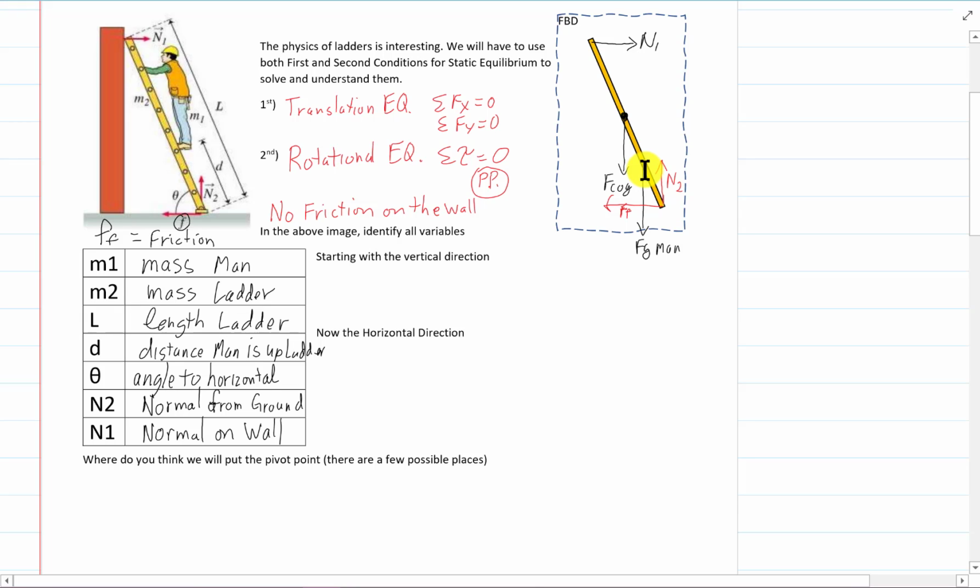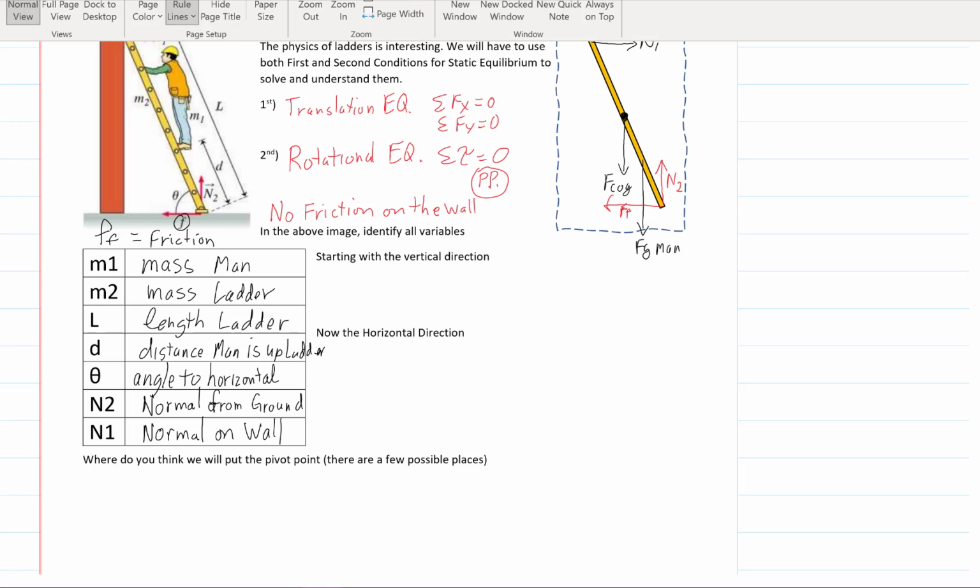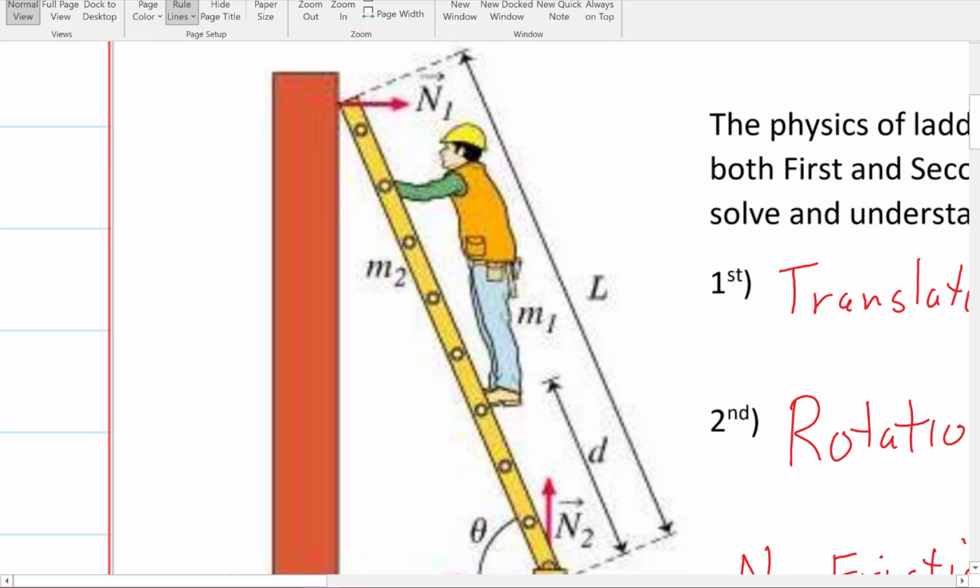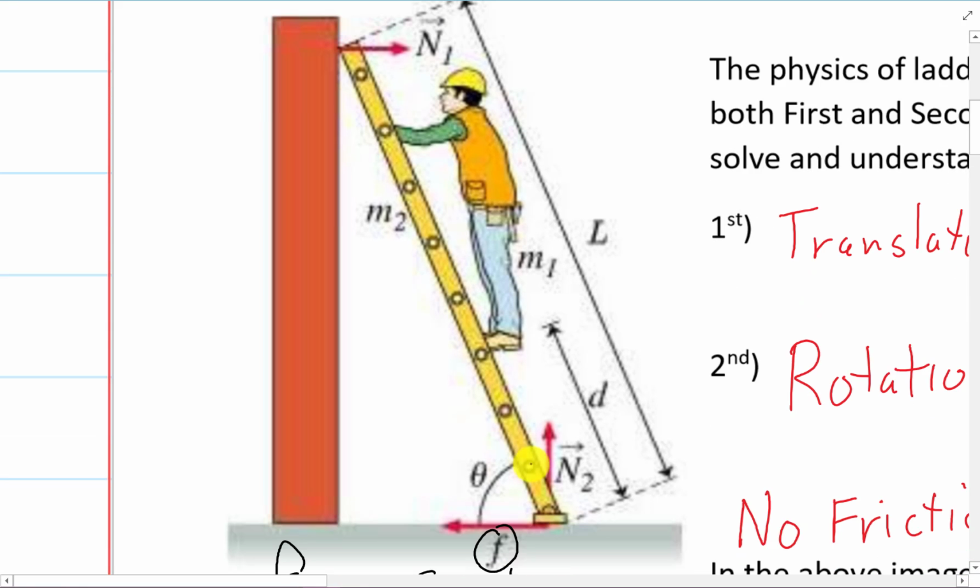Okay, if we take a look at the angles, let's zoom in here. If this is the center of gravity force coming down, it meets at right angles with the ground. So if this is theta, then this is going to be the complement of that. We'll call that alpha, and alpha is going to equal 90 minus theta.